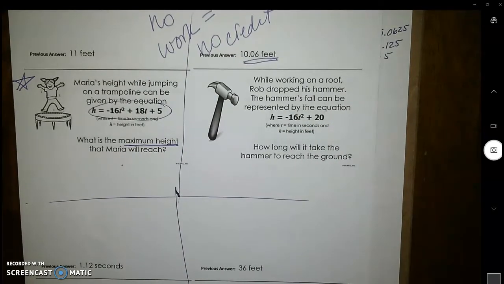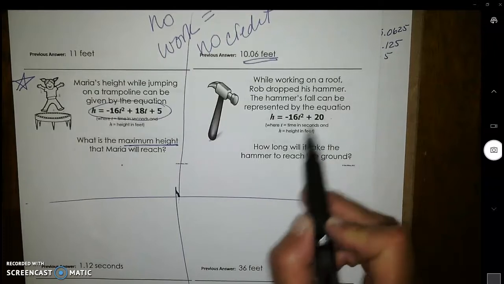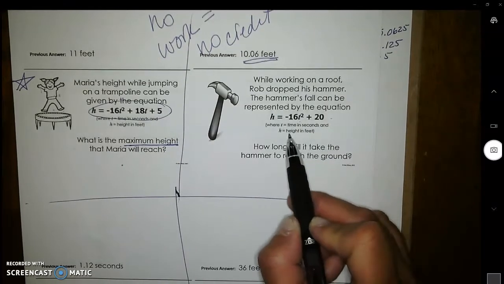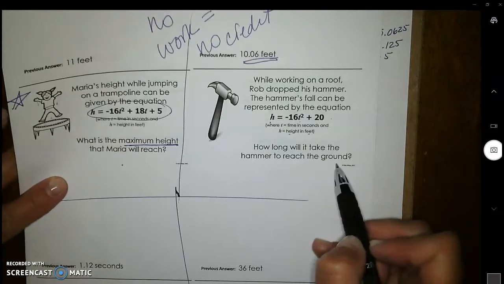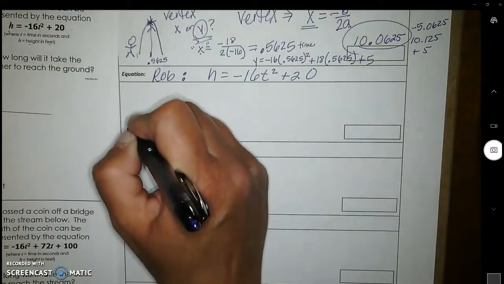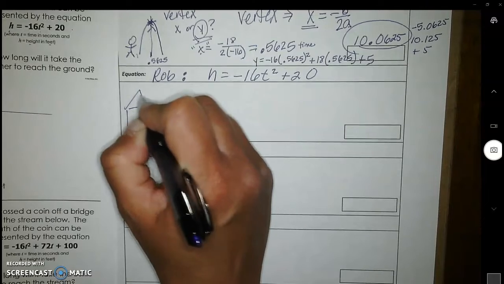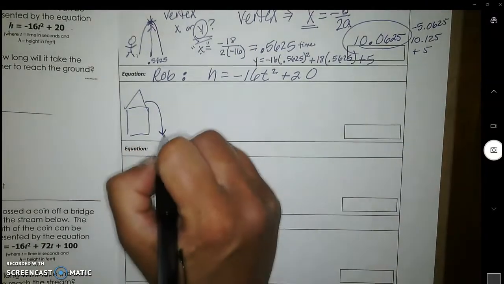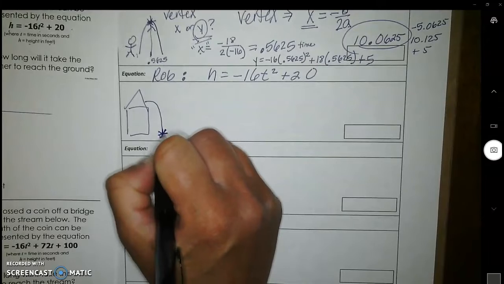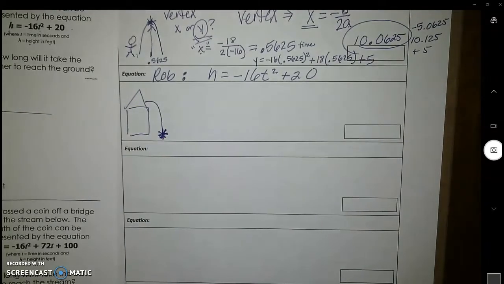Oh no, the hammer's fall can be represented by this equation. T is time in seconds, H is height in feet. How long will it take the hammer to reach the ground? So, Rob is up on a roof, here he is, and he drops a hammer, right? How long will it take for it to hit the ground?